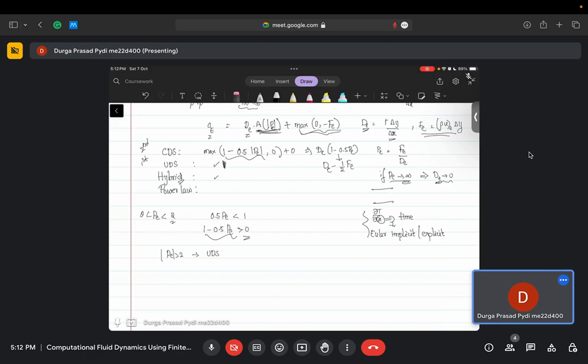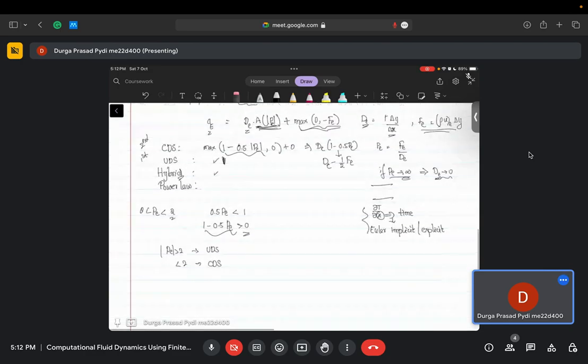Otherwise, if it is less than 2, it will switch to CDS. So the expression goes as the maximum of either F east, or it will take my diffusion term.